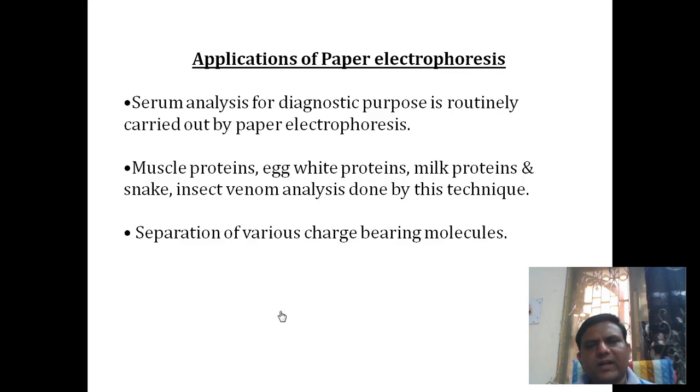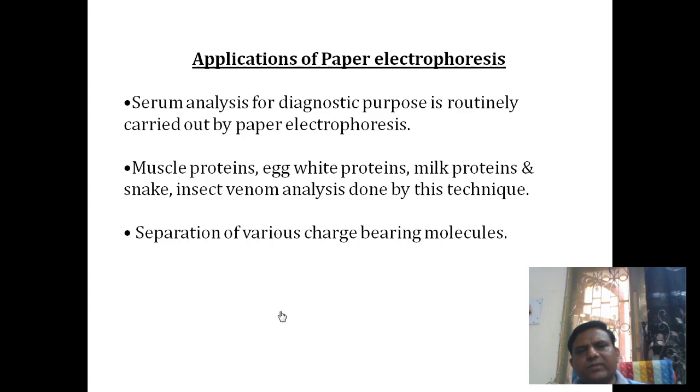So what are the applications of paper electrophoresis? Dear students, in the laboratory we routinely perform paper electrophoresis for the separation of serum proteins, which are very important for diagnostic purposes. Means in serum there are some proteins that act as molecular markers for the identification, for the diagnosis of disease.